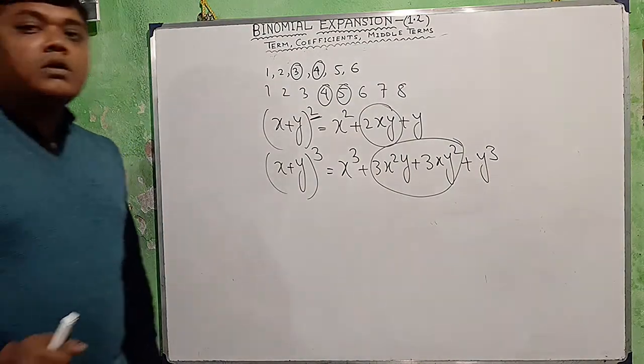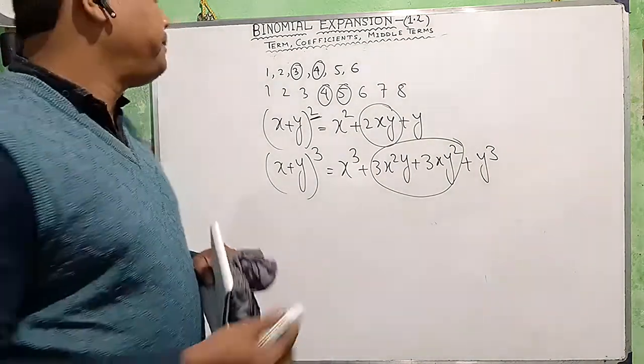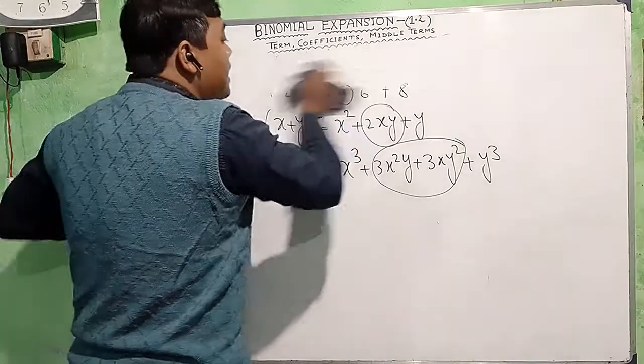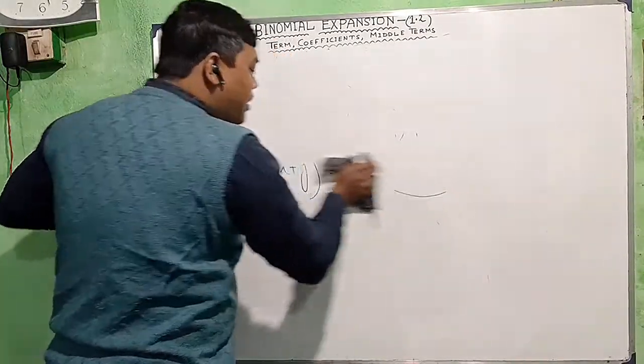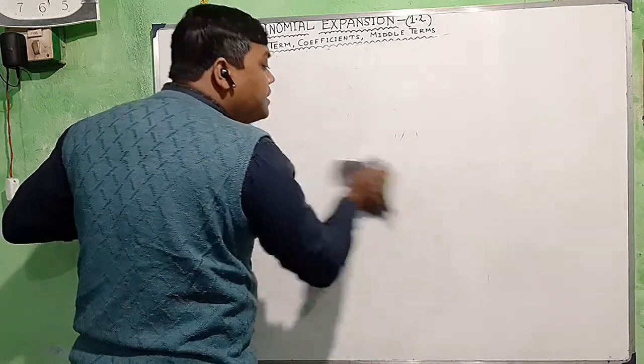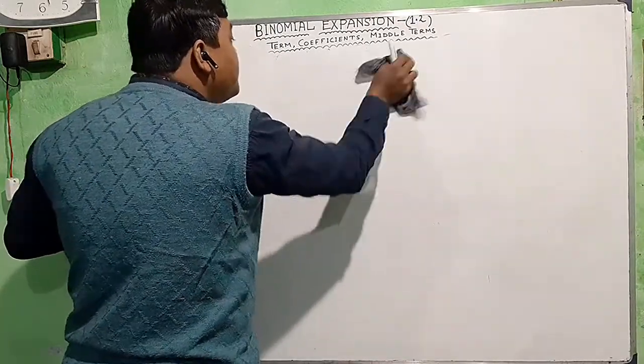Okay. Now come to the general rule. If the expansion is given to you as (a + b) whole to the power n, I have already written it in the first few minutes.